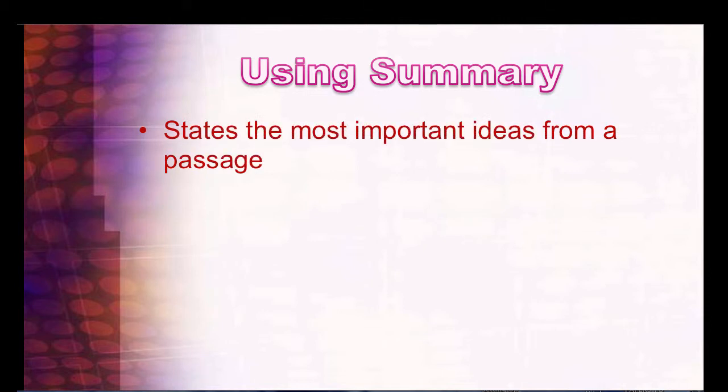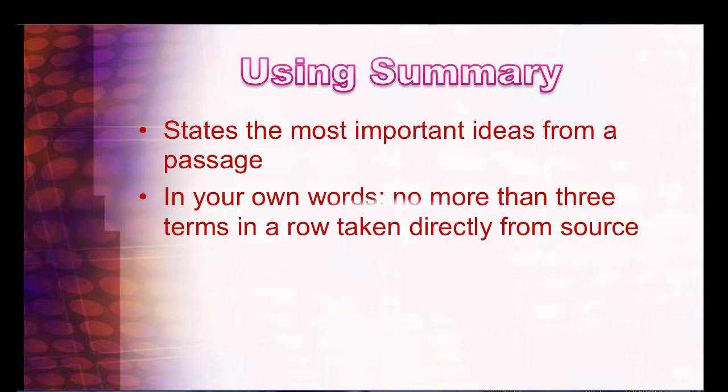Okay, first let's talk about using summary. A summary states the most important ideas from a passage in a source. And that's most important in terms of how it applies to your claim. A summary is put in your own words, with no more than 3 terms in a row taken directly from the source.